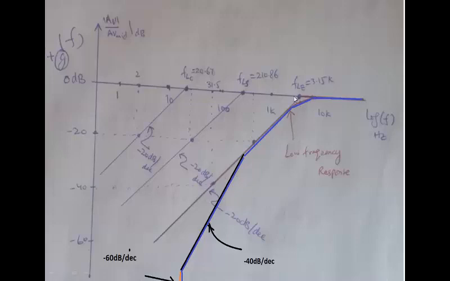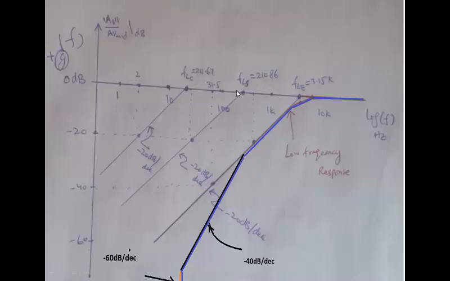But if you approach the second breakpoint, the gain would start decreasing due to this filter capacitor as well, contributing gain reduction due to this capacitance. So when you approach this breakpoint, the response starts decreasing at a double slope, which is minus 40 dB per decade.